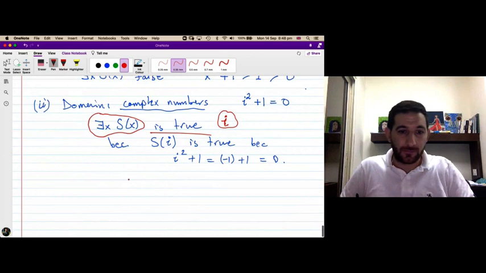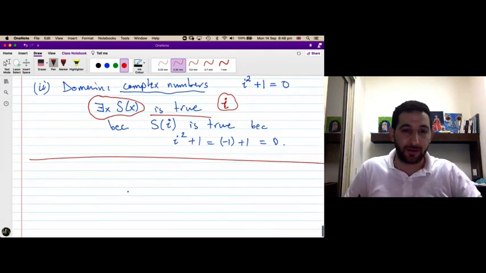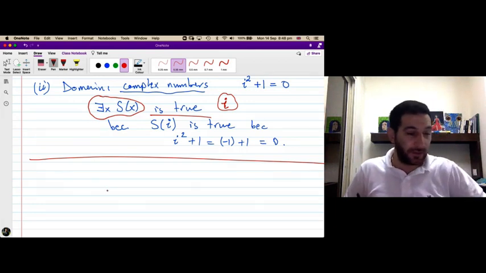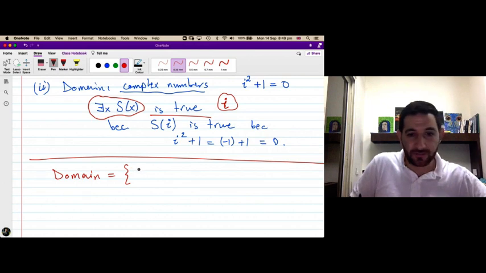Now let's have a final example where the domain is finite. All the examples we had above were infinite domains. Suppose the domain in this example is the set containing just 4 elements: 1, 2, 3, and 4.